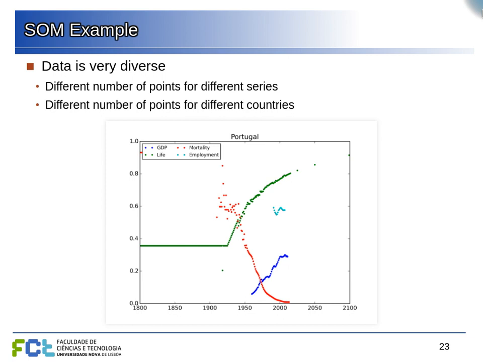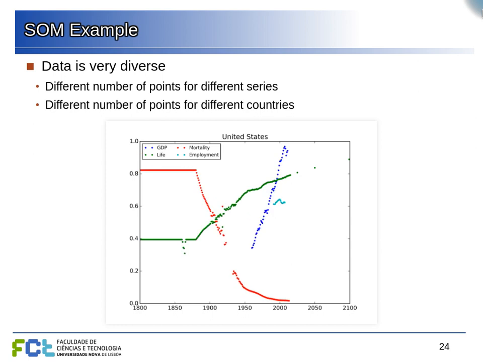We have infant mortality rate, gross domestic product, and employment rate for over 15. So you see, different indicators have different numbers of years for which we have values, and also for different countries we may not have the same year. So starting from this data, it will be hard to do anything with it in this shape.